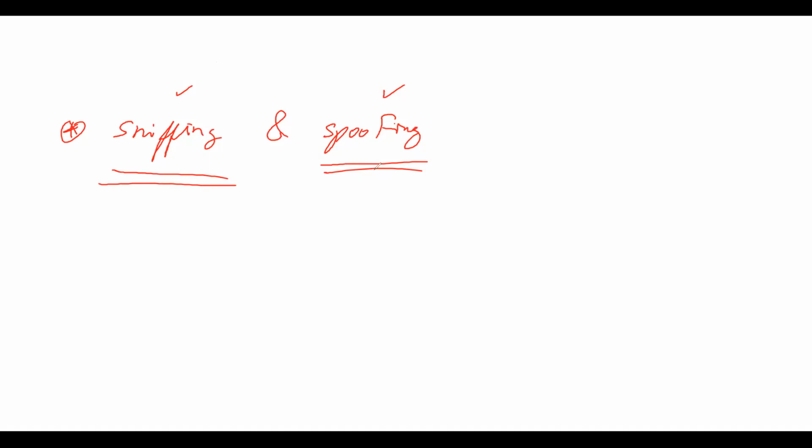Now we're going to take this idea of spoofing a step further. The last problem that you did combined sniffing and spoofing, like the example of pinging 1.1.1.1 or 1.2.3.4, right?